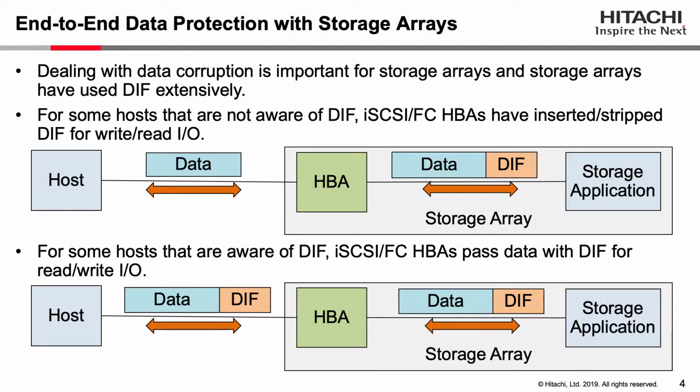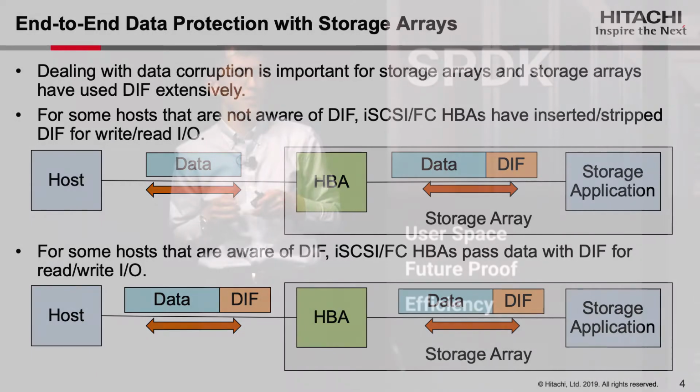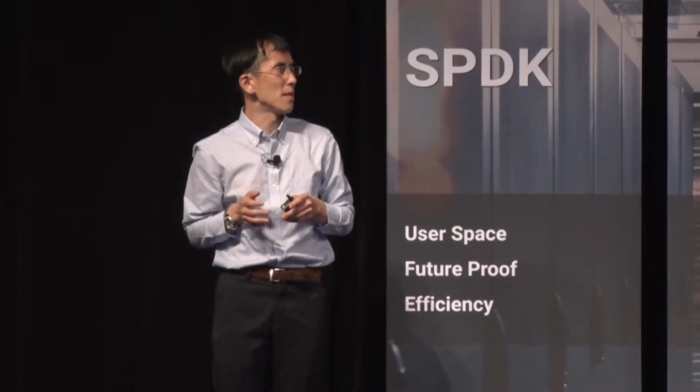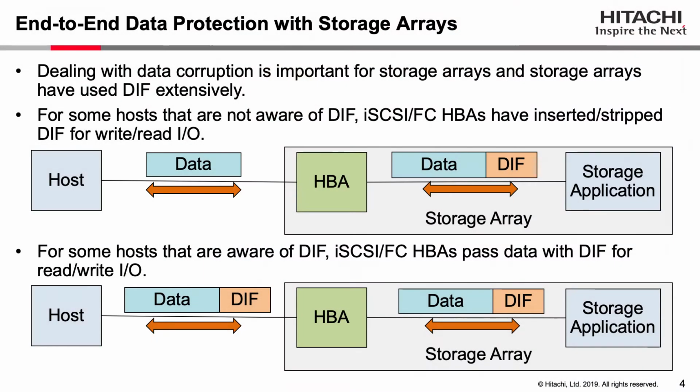Dealing with data corruption has traditionally been especially important for storage arrays. Returning no data is better than returning wrong data. So storage arrays have used DIF extensively, but traditionally specialized hardware has taken the critical role. For hosts that are not aware of DIF, specialized host bus adapters have inserted or stripped DIF for read or write I/O.